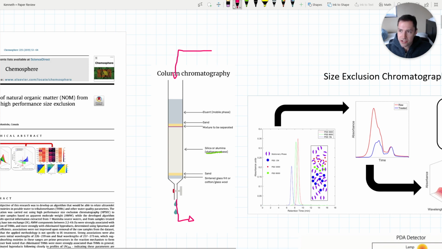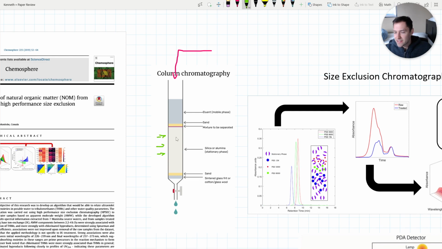And depending on what your column is focused on, you can separate compounds based on their ionic charge, their chirality, or their size. So depending on what your application is, you might want to have different types of stationary phase columns for your purpose.